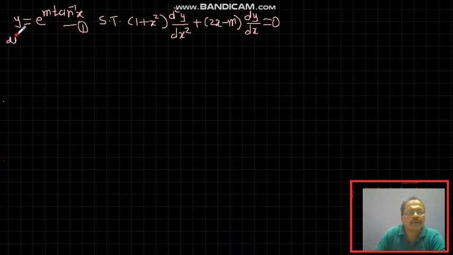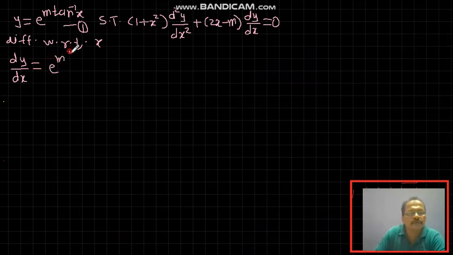Differentiating with respect to x, we get dy by dx is equal to e raised to bracket, derivative is e raised to bracket into derivative of bracket d by dx of m tan inverse x.